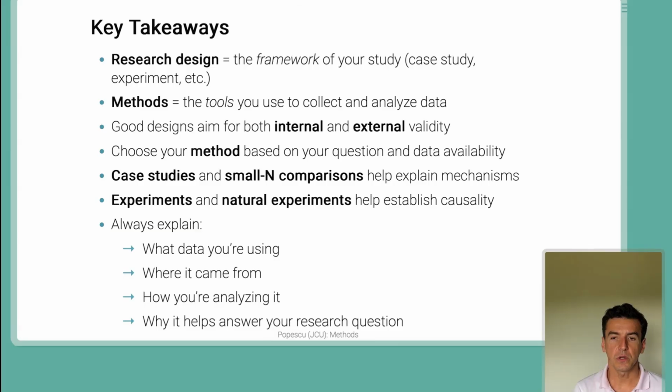So it's always important to try to explain what is the data that you're using, where did the data come from, how are you analyzing the data, and why does it help you answer the question. Those are the kinds of things that are worth keeping in mind from this lecture.